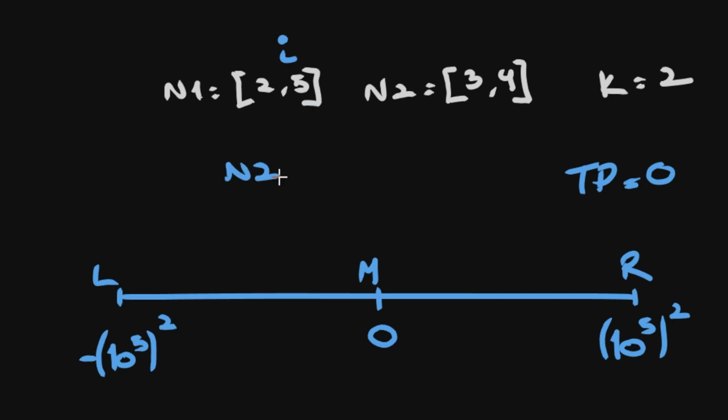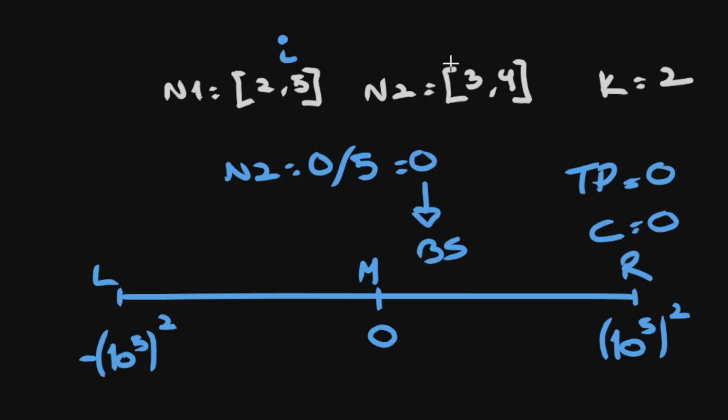So now we are looking for 0 divided by 5, so we are looking for 0 here. We run a binary search again, and the result will be 0. So we add 0 to the count, and the count is still 0. Now we update the I pointer and we reach the end. What this means is we have 0 products that are smaller or equal to our target product.